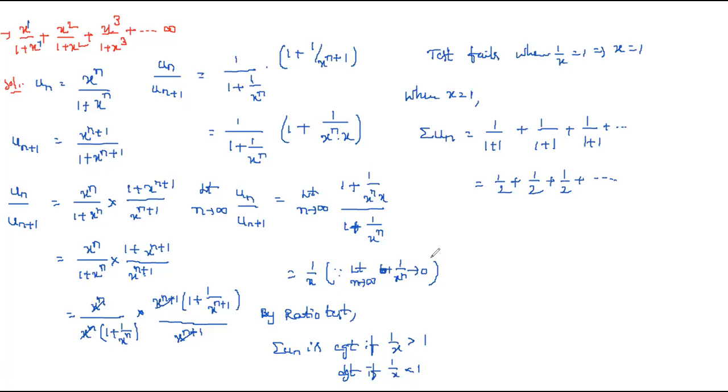So simply we can write limit n tends to infinity un, the limit of the term is 1 by 2 only. So this is not equal to 0, and so summation un is divergent if x is equal to 1.